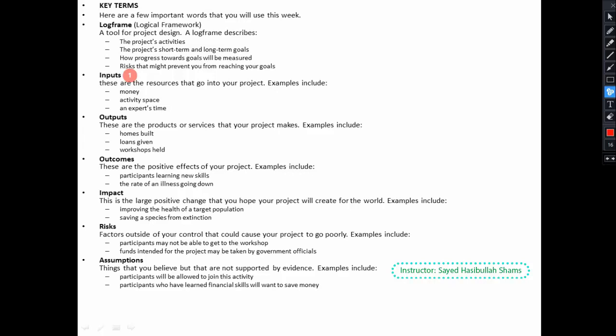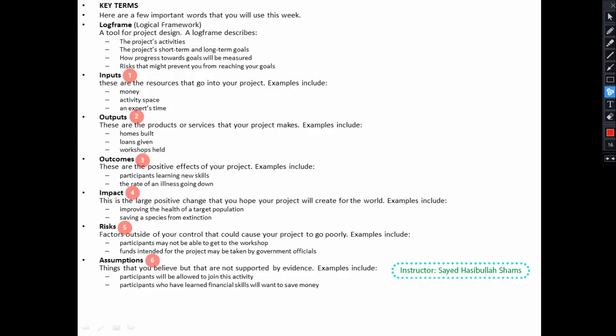These are the terms that we must understand in the log frame. Risk and assumptions play a significant role in the design of the project in the Logframe. We must consider risks and assumptions seriously. Otherwise, the project will fail.